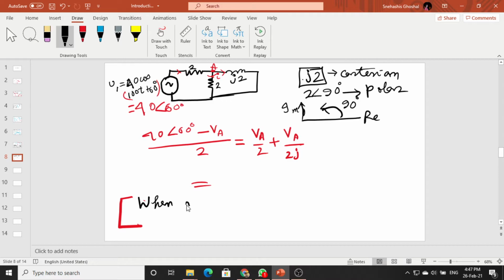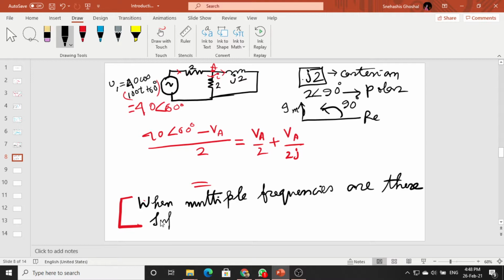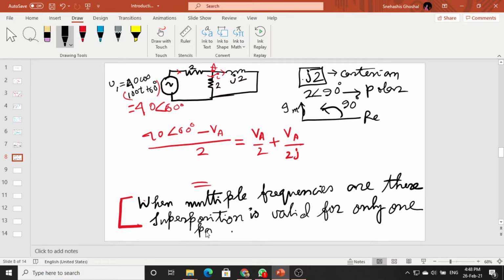When multiple frequencies are there, superposition is valid for only one particular frequency.